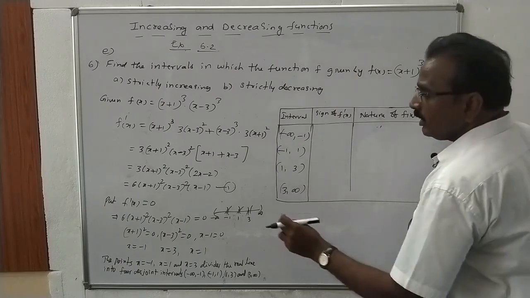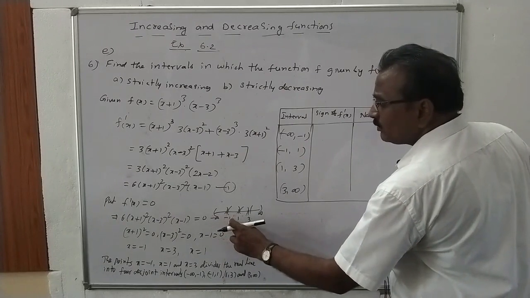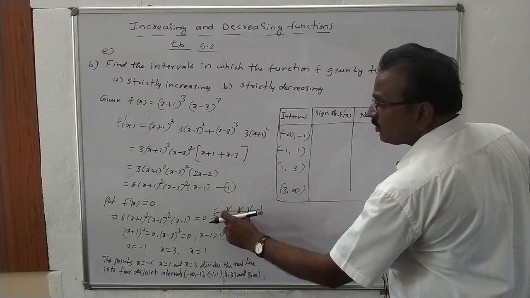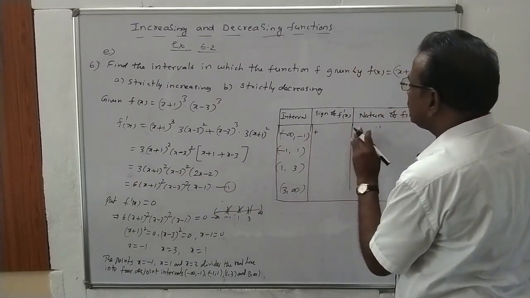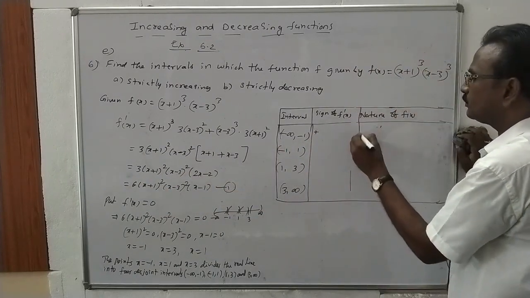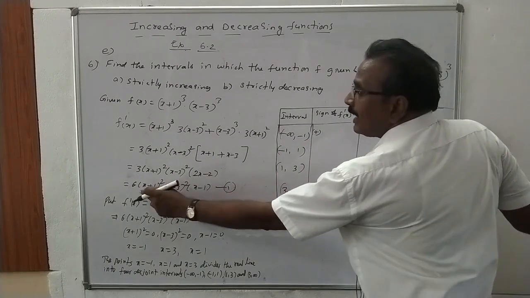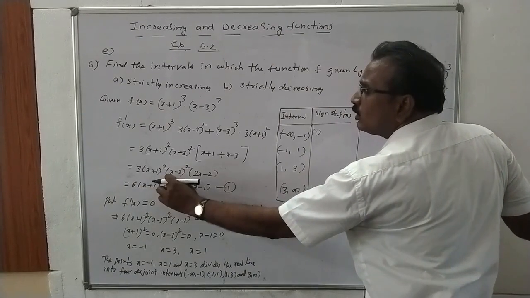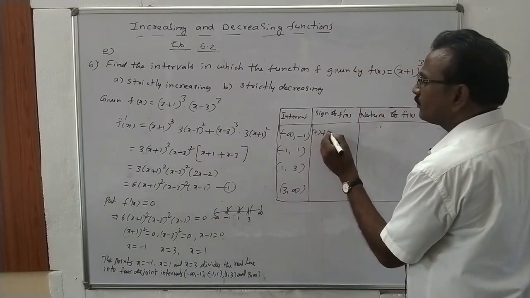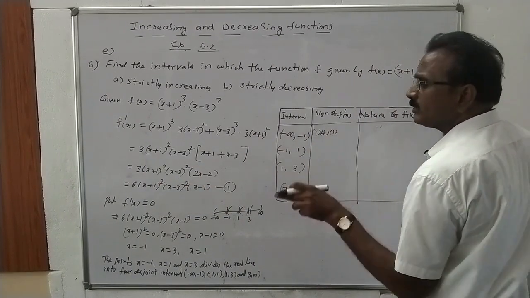If you take any value between minus infinity and minus 1, if you take x is equal to minus 2, 6 is positive. Next, (x plus 1) square for any value of x, this is a square number, is positive, and (x minus 3) whole square is also positive, a square number is always positive.